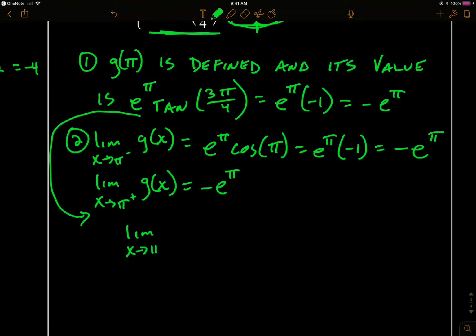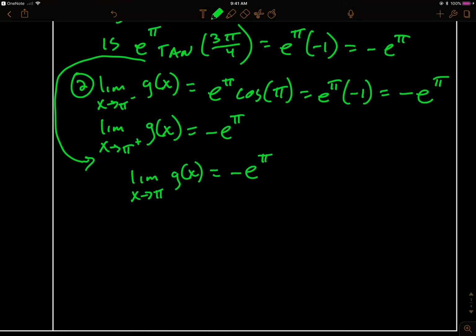So that's going to be the limit as x approaches pi of g of x is equal to negative e to the pi. Criteria 3, I should say, exists, because we have to state that that's what they want. So therefore it exists, and its value is negative e to the pi.